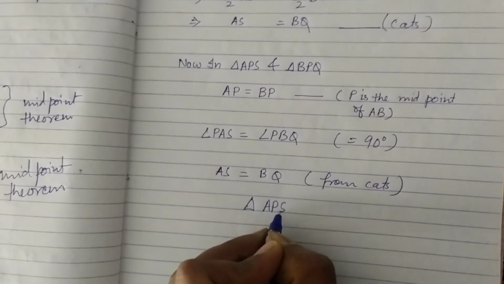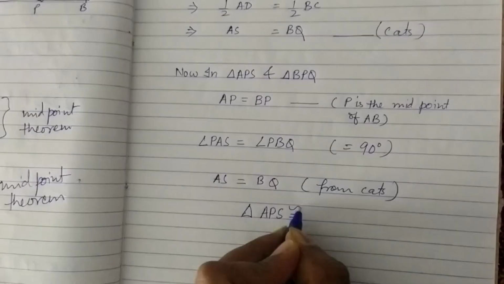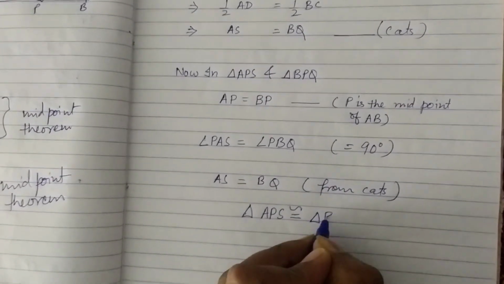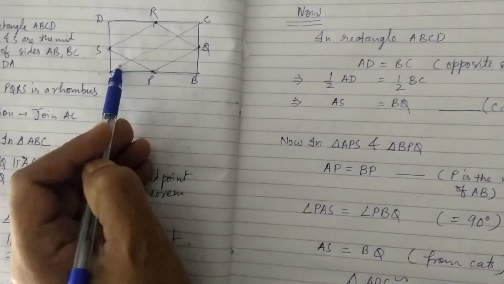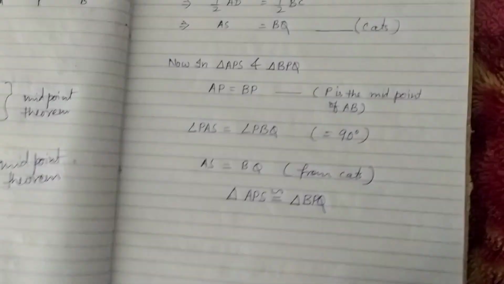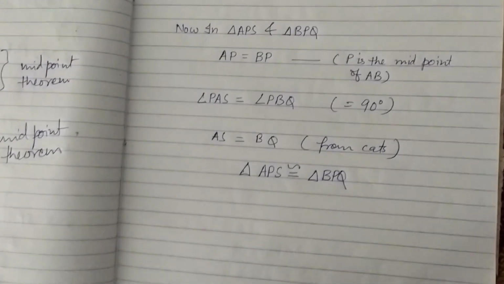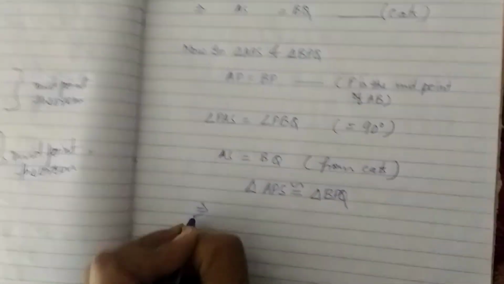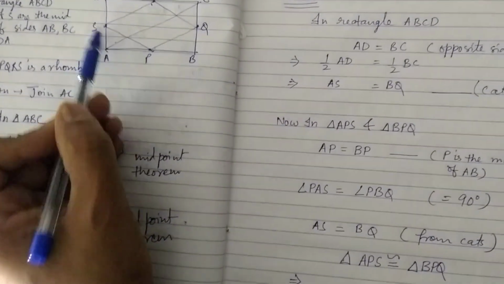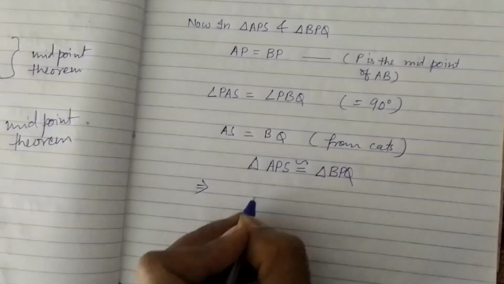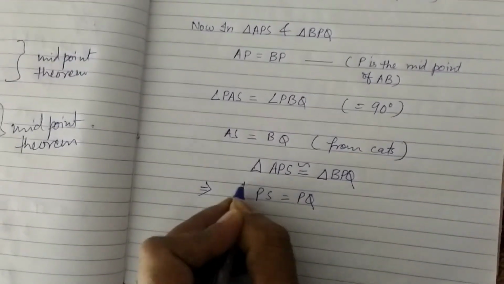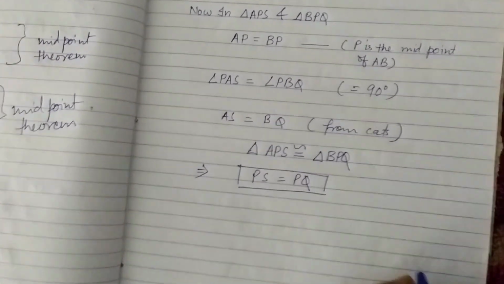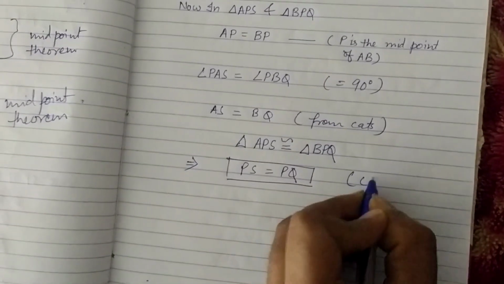Triangle APS is congruent to triangle BPQ. So you have made them congruent. This implies that PS will be equal to PQ by CPCT.